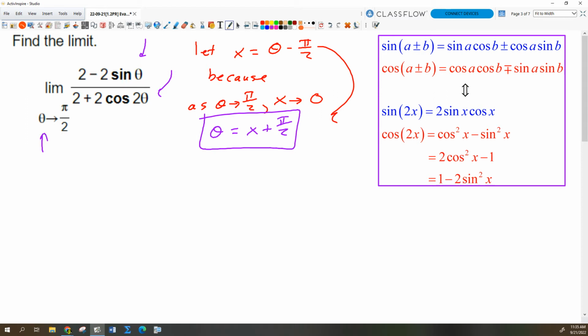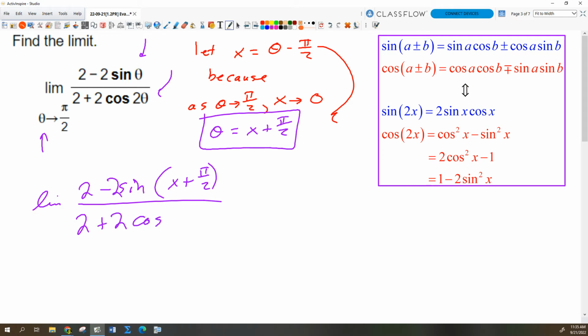So then we end up transforming this into the limit of 2 minus sine of x plus pi halves divided by 2, well, it's supposed to be a 2 there, isn't there? 2 plus 2 times cosine of 2 times the quantity x plus pi halves. Everybody agree? All I did was swap out the thetas for the quantity x plus pi halves.